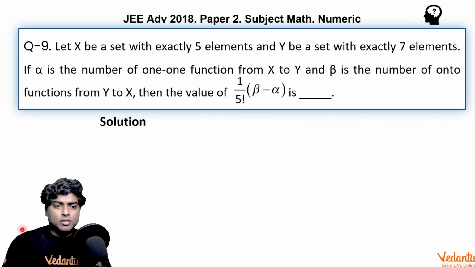First of all we'll find the value of alpha.